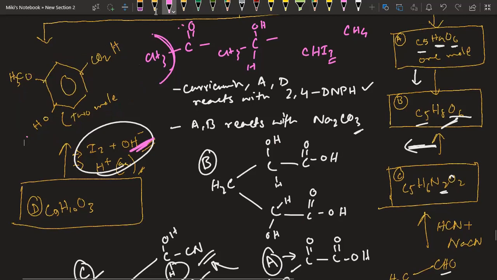Obviously, this is not the CHI3 part, because that would be identical to this one, but not that one. This is also not the iodide that will be formed. Like if sodium hydroxide was provided, then NaI would have been formed, but this is not the I- part.